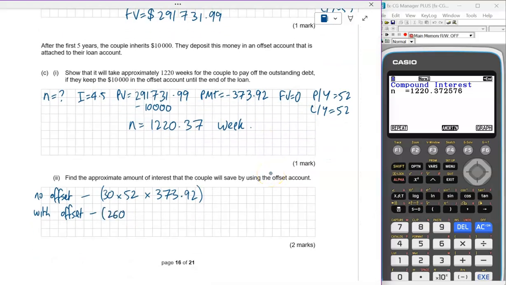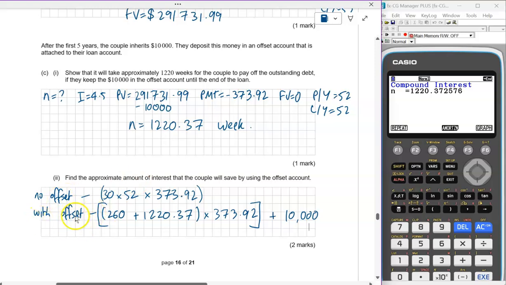So we're doing 260 weeks, which is the first 5 years plus 1,220.37 weeks, multiplying that by the weekly amount of $373.92. Okay, but the total cost also takes into consideration the $10,000 that they still need to pay that's in their offset account. So we're going to add that $10,000 to that total cost with the offset option. Okay, the difference between these two amounts will be the amount of interest that they save, and obviously you would assume that with the offset account that's going to be the lower total cost.